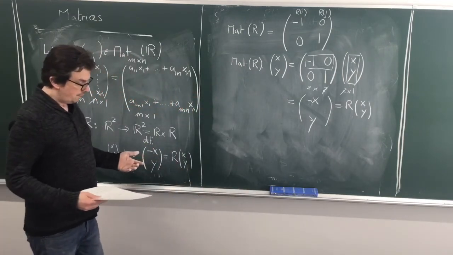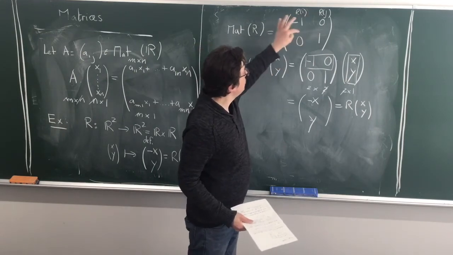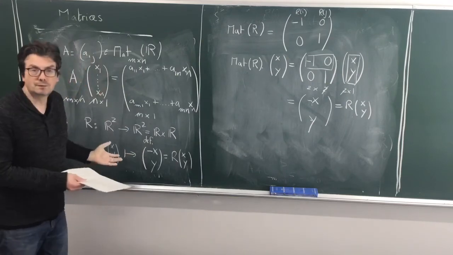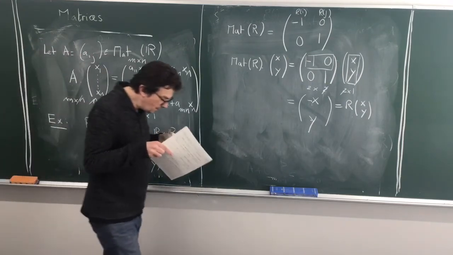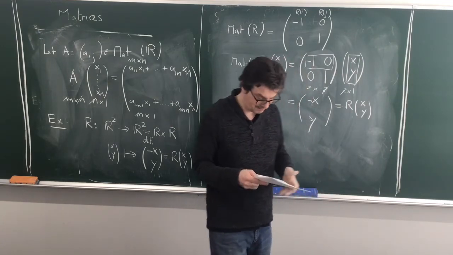That's why these matrices of 4 numbers, -1, 0, 0, 1, represent the whole data of this function. That's very useful. It's a way to make the information very compact.